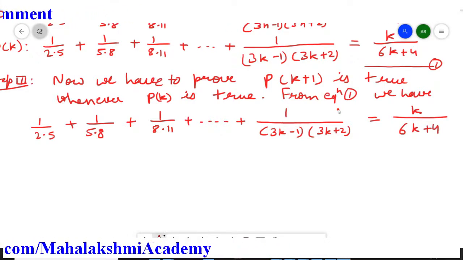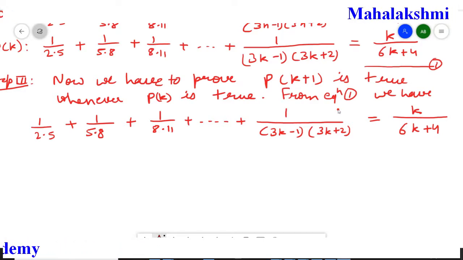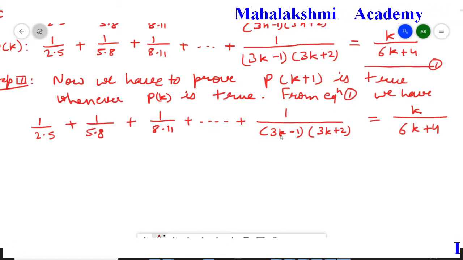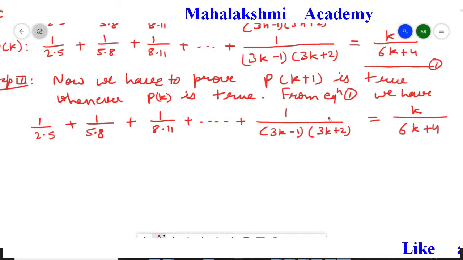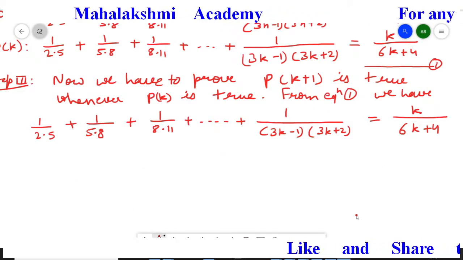Now we will write here. Now since from this statement we need k plus 1 statement, so here instead of k we will write down here k plus 1. So that term, whatever term we have to get, that we have to add in both the sides. So we will write here like this.